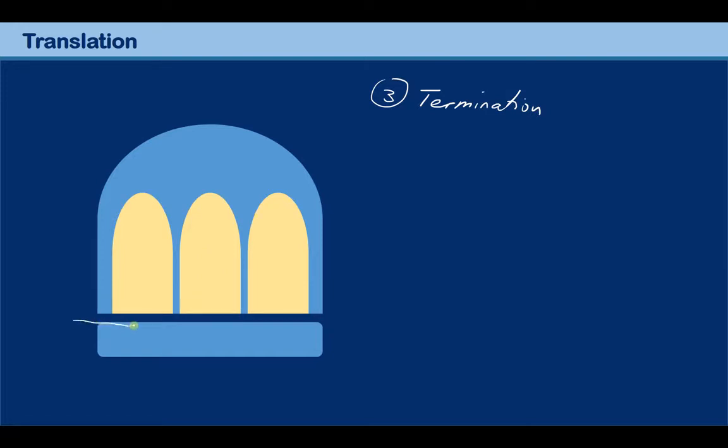Termination is the last step, and what we have is the following. We're at the very end right now, and the mRNA is over here. We have over here our tRNA, which has the polypeptide chain growing out of the ribosome.